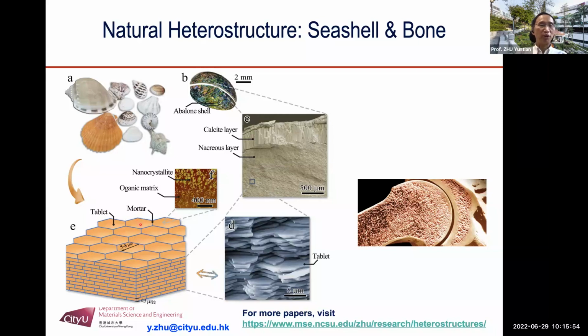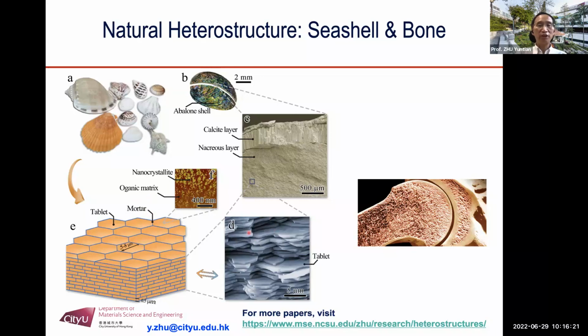This is like a brick and mortar composite. Each brick is like a calcium brittle plate. In between is an organic matrix.